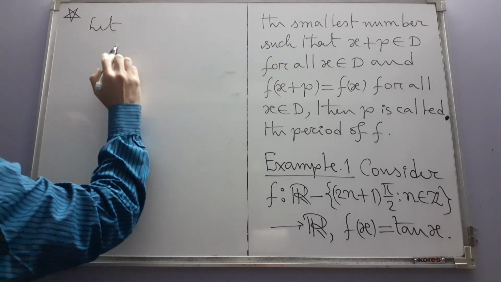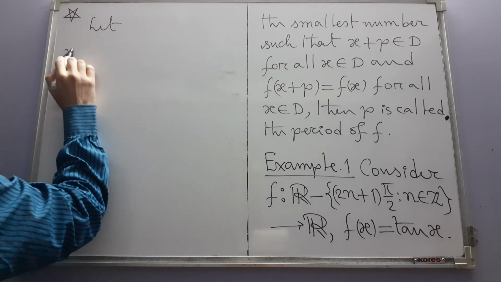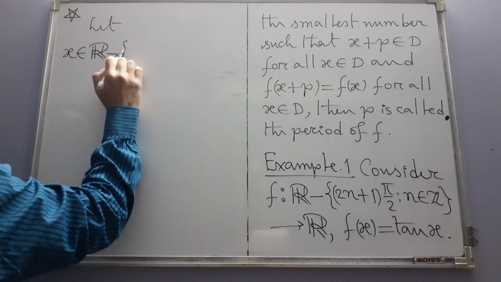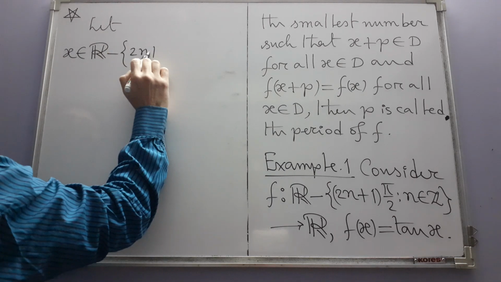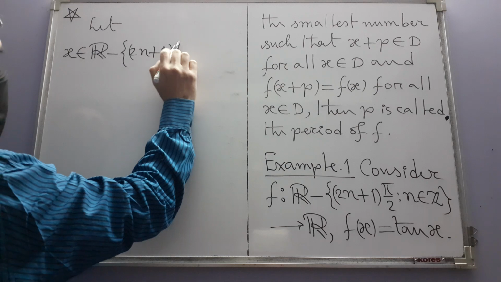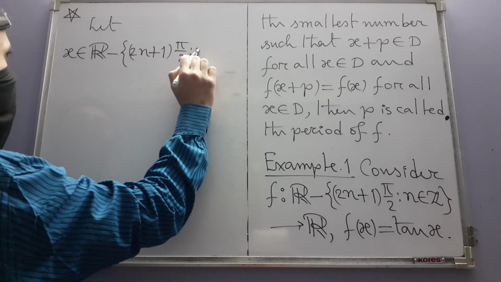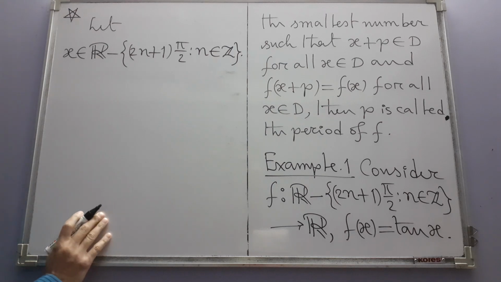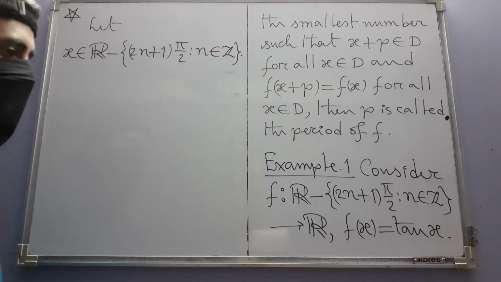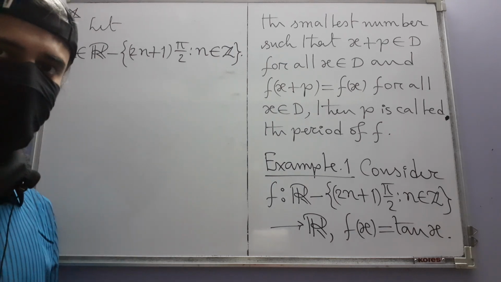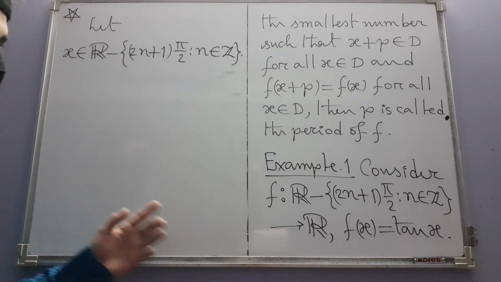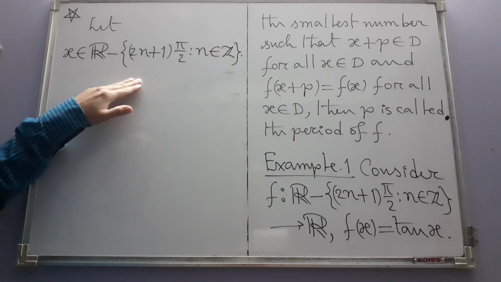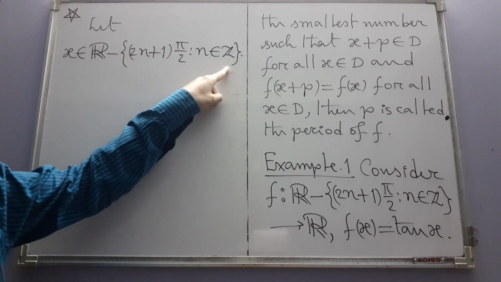Let x be any element in our domain now. We want to prove that x plus pi is also in this set. Now x plus pi of course is after all a real number. So for that to be in this set, it should not be in the removed set.